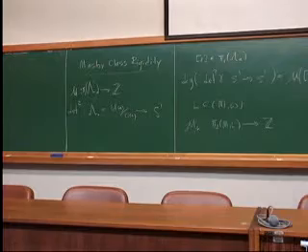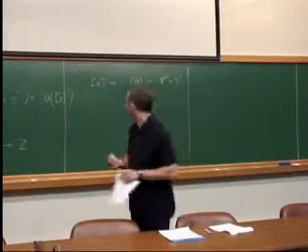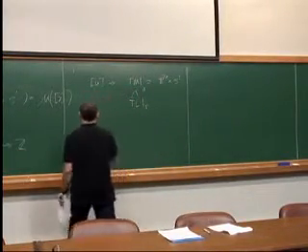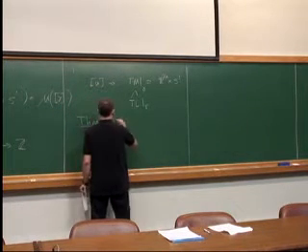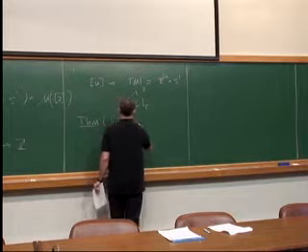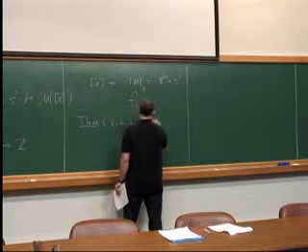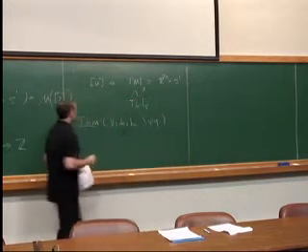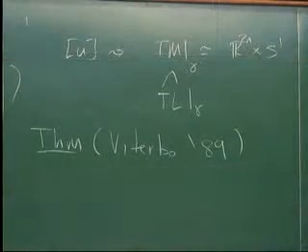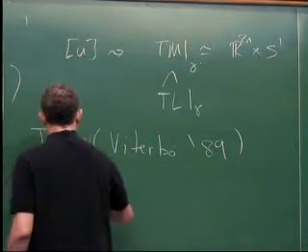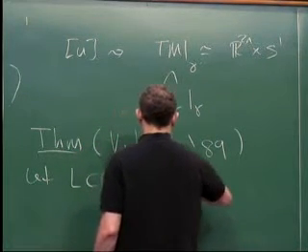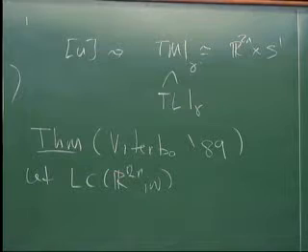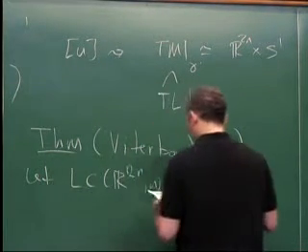So let me state Viterbo's theorem, or a bit of a truncated version of it. I think 89 is probably right. So let L be a Lagrangian submanifold of even-dimensional Euclidean space with its standard symplectic structure.